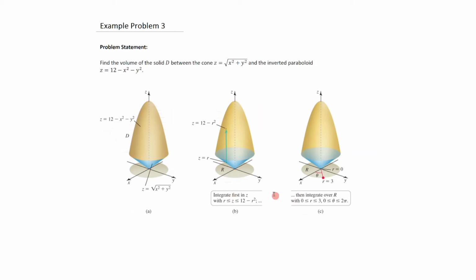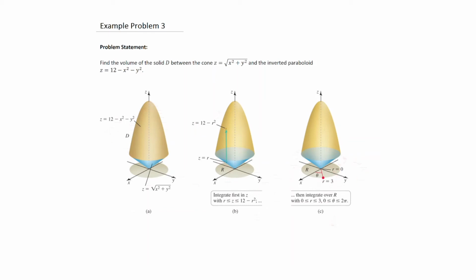And then finally over the region, which would be the projection of this contour, the intersection between the cone and the paraboloid, projected onto the xy plane. In this case, r would be the radius of this circle, and theta would extend from 0 to 2 pi. So that's more or less how the problem would be set up.